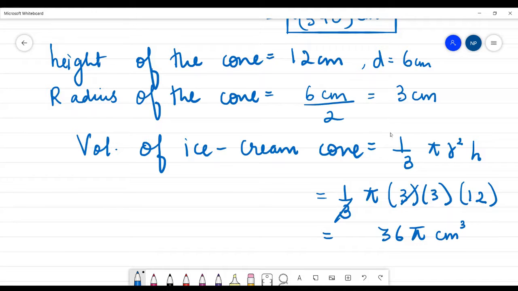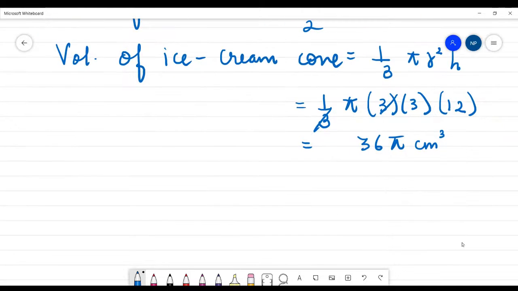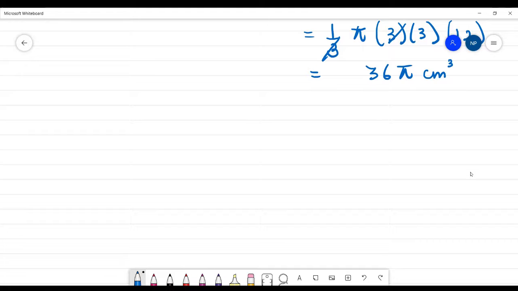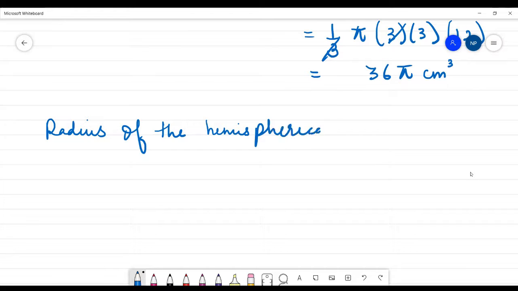Now for the hemisphere portion, for the hemispherical top, we will write down the radius. It will be equal to the radius of the cone only. Okay children, so the radius of the hemispherical top will be equal to 6 by 2, that is 3 centimeter. Then after that we will find out the volume of the hemispherical portion.